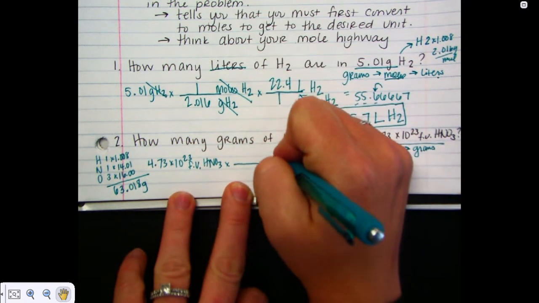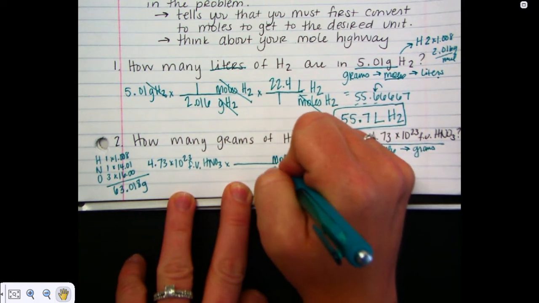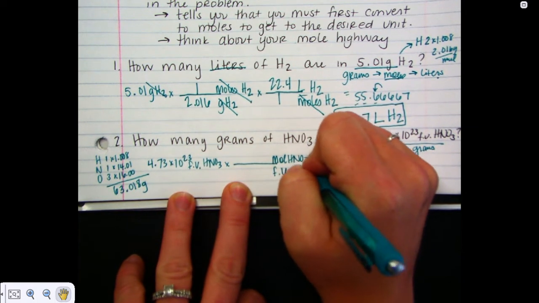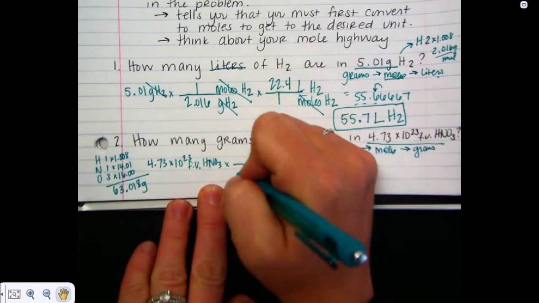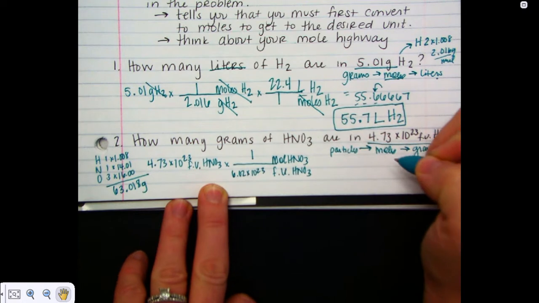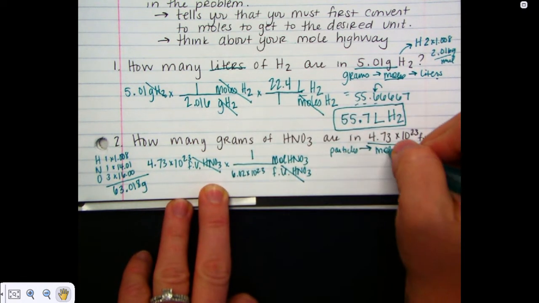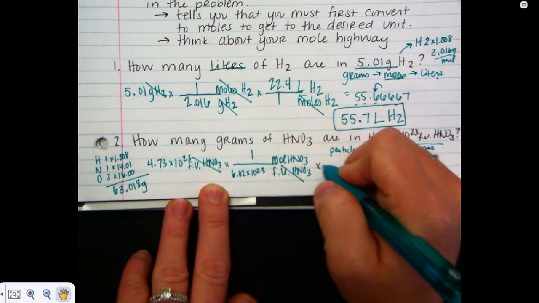So moles of HNO3 goes on top, formula units HNO3 goes on the bottom. 1 mole is equal to 6.02 times 10 to the 23rd formula units. Formula units cancel. Now I'm in moles. Now I can go from moles to grams.